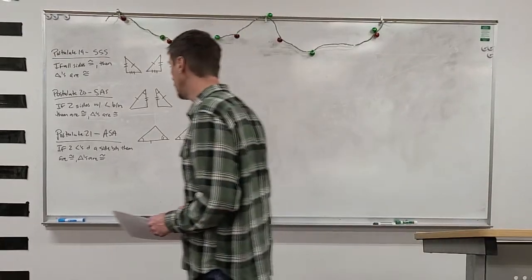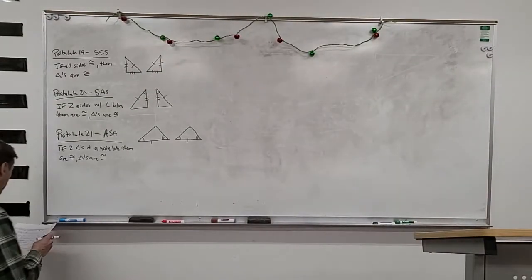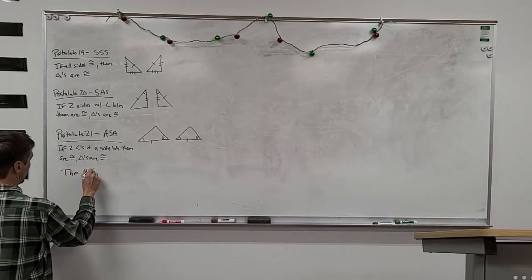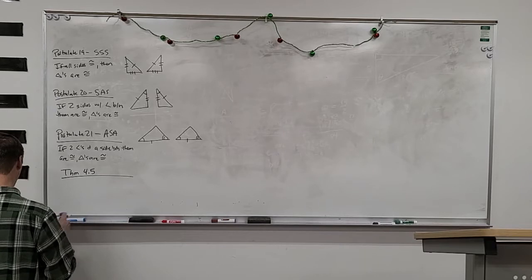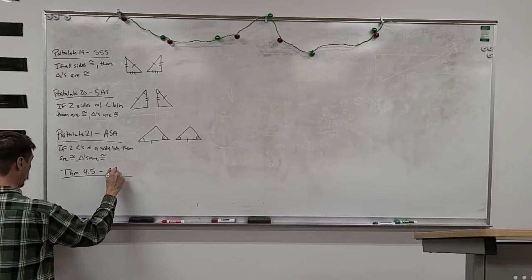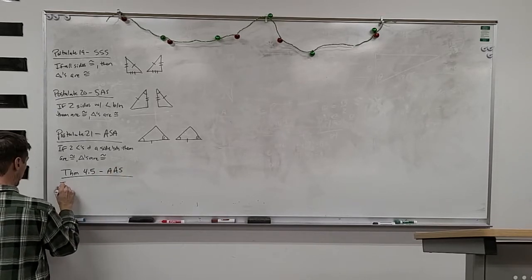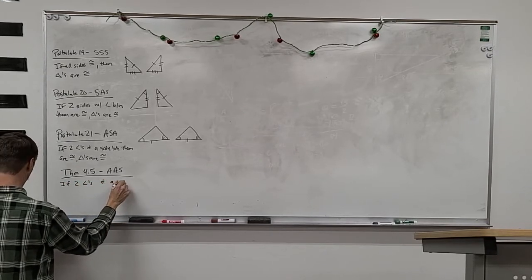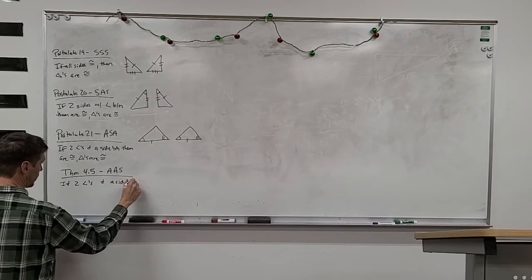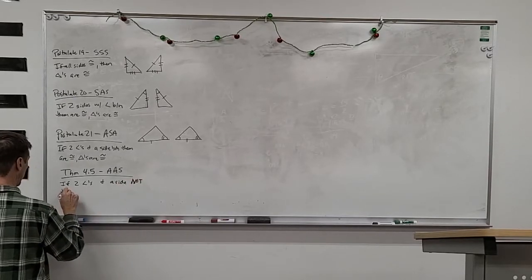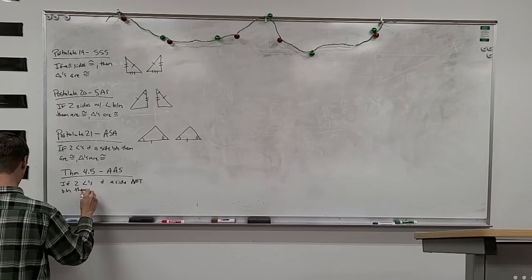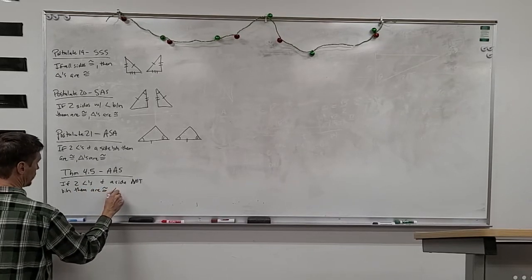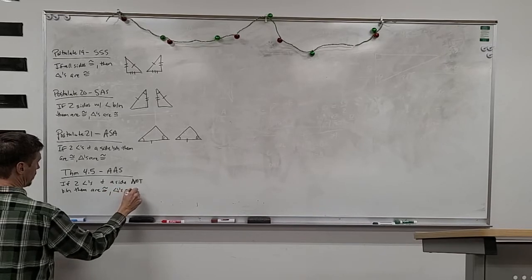And then finally, postulate. Nope, this one's actually a theorem. Theorem 4.5. Theorem 4.5 is angle-angle-side. And it says if two angles and a side not between them are congruent, triangles are congruent.